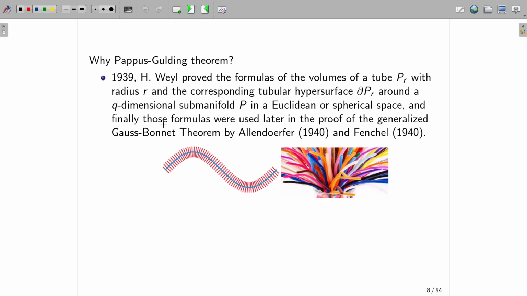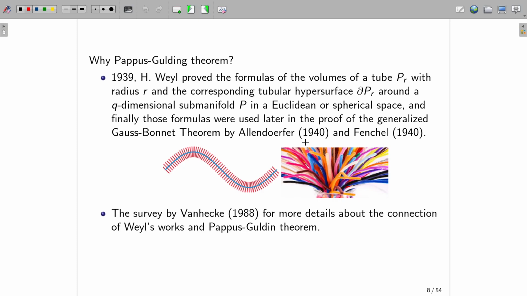Finally, those formulas were later used in the proof of the generalized Gauss-Bonnet theorem by Fenchel and Alexander. For a survey with more details about the connection between Weyl's work and the theory, the reader can refer to the survey.